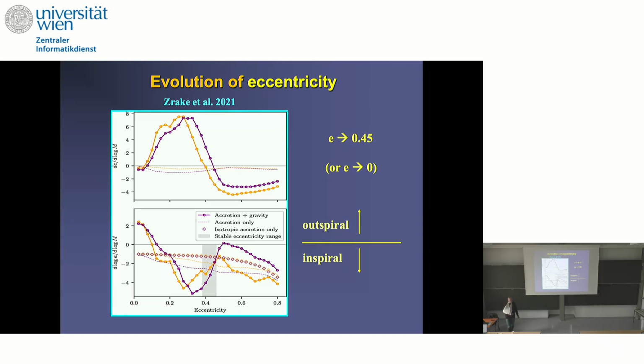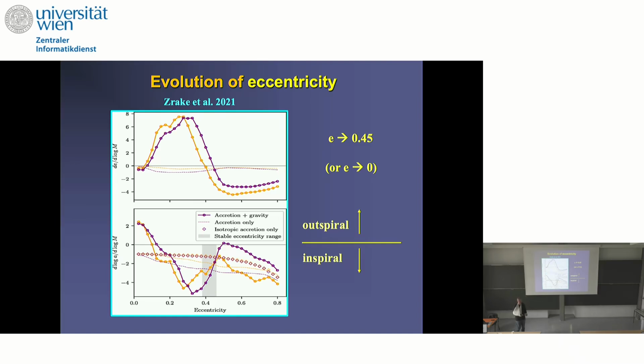Okay, now somebody asked about eccentricity yesterday, and there's another interesting result, again, numerically converged, which is not explained by theory, which is that this binary actually becomes eccentric due to the presence of the gas. This top panel here is a suite of simulations where we measured dE over d log m.